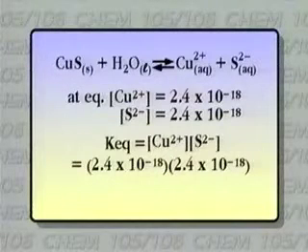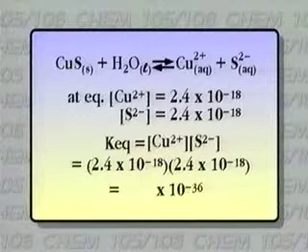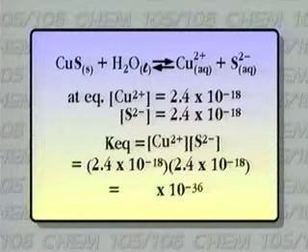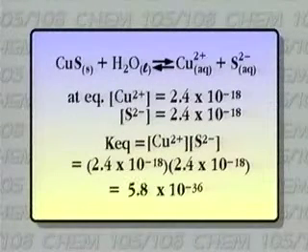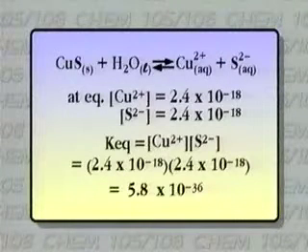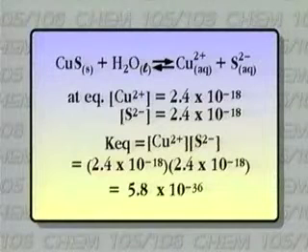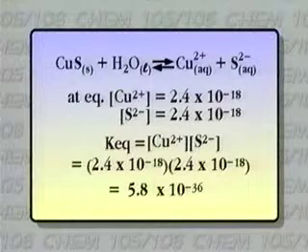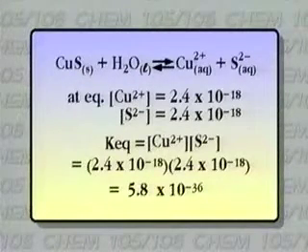We're going to end up with something times 10 to the minus 36, and 2.4 times 2.4 is 5.76, and we can only have two significant figures, so we would call it 5.8. So our equilibrium constant is 5.8 times 10 to the minus 36.